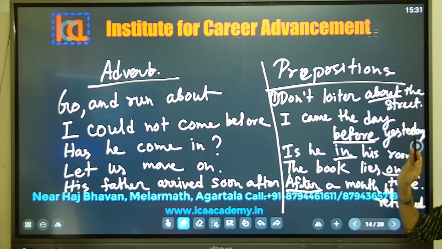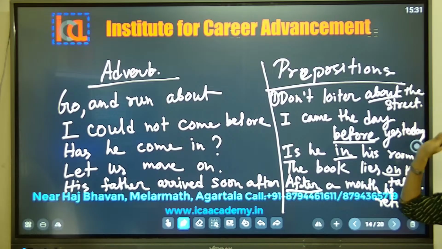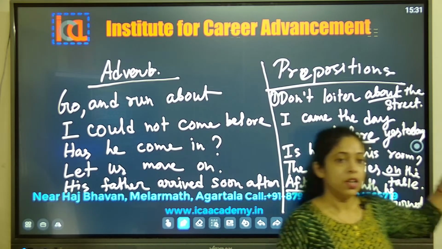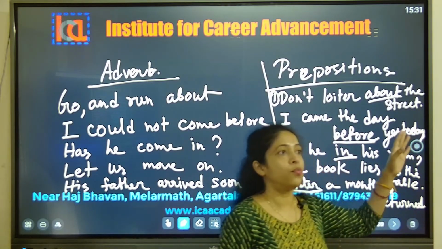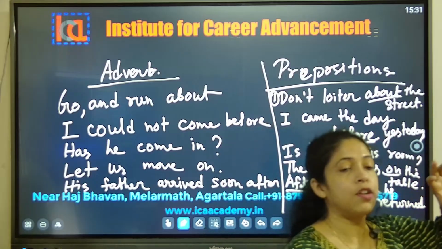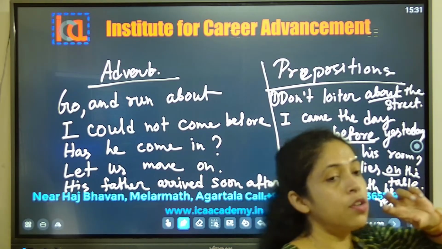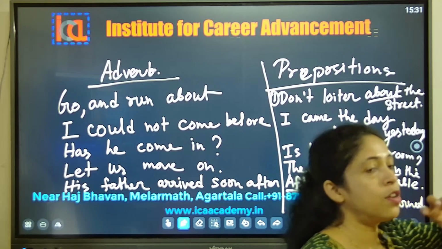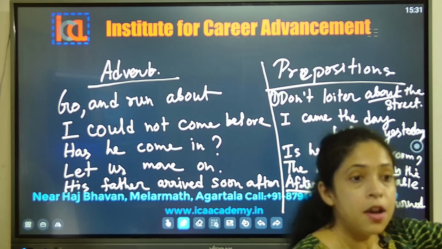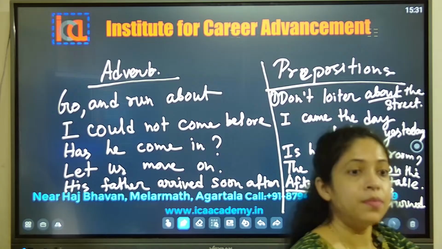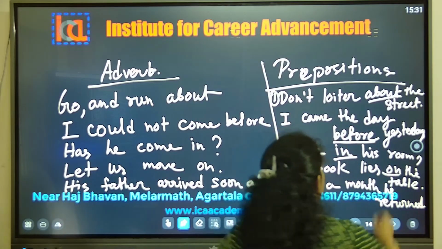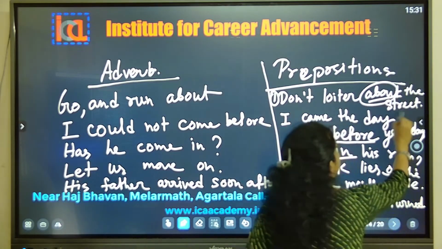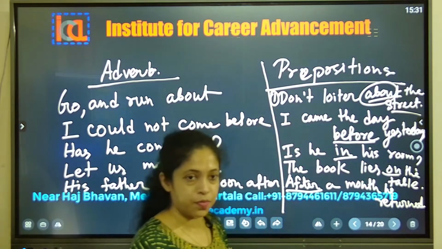Where not to loiter? Street. Directly it is told, noun. And we know that whenever a word is telling about the position of a noun, or an adjective, or is added with a verb, they are called prepositions. So that's why about is used before a noun, and that's why it is a preposition.